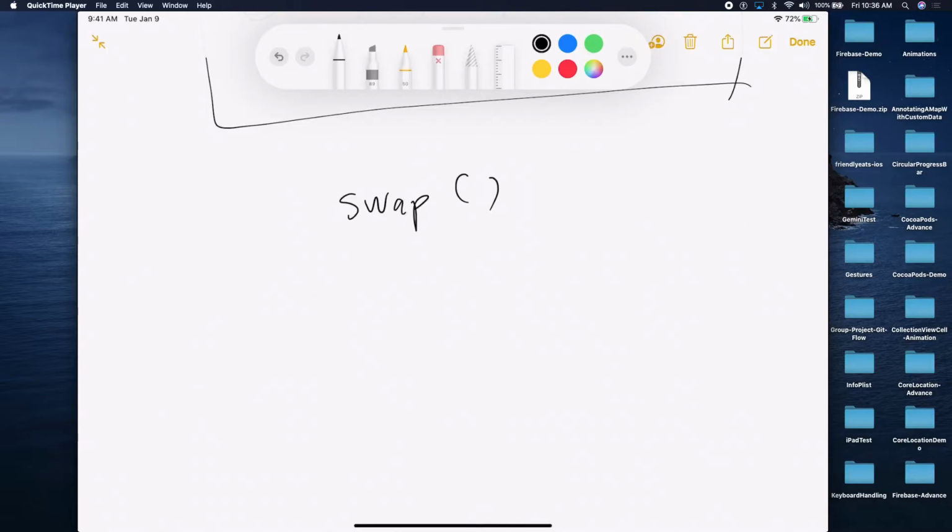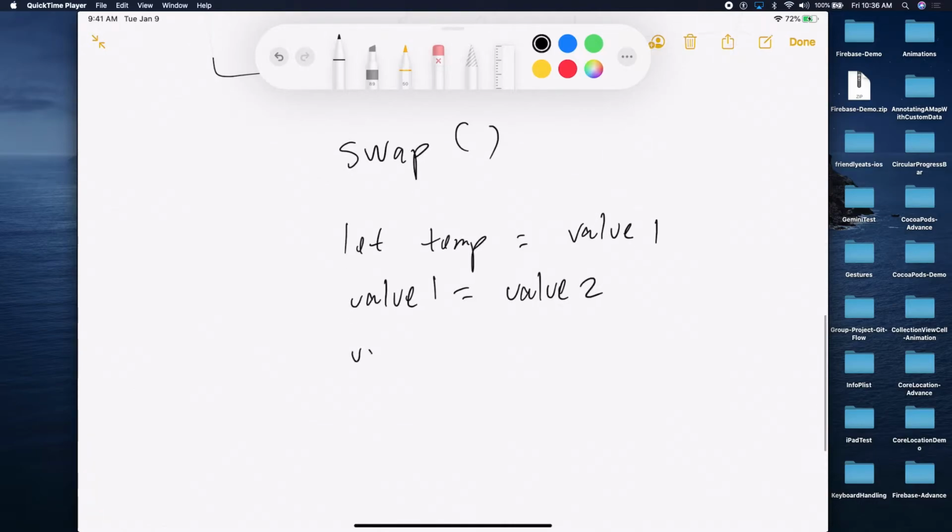Everybody remember what we did with the temporary variable we had before? Basically, we had a temporary variable: let temp equal value 1. Then we could override value 1 with value 2, and then we say value 2 equals temp.